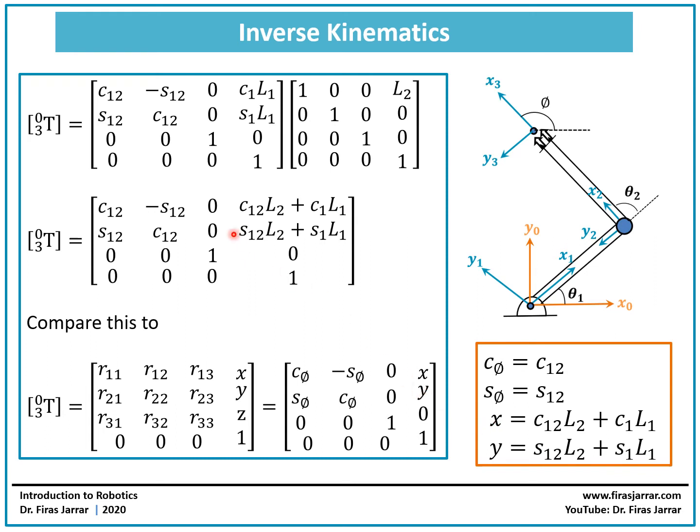And y should be equal to sine of theta 1 plus theta 2 times L2 plus sine theta 1 times L1, and we have it here. So in this orange box, I have the result of the comparison between these two matrices. I'm going to take this result to the next slide, and we'll see how we're going to proceed in order to extract values for theta 1 and theta 2.